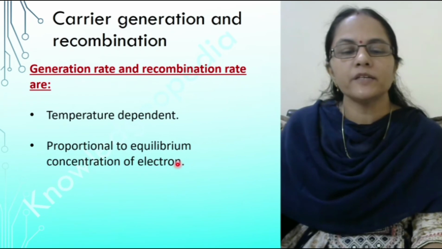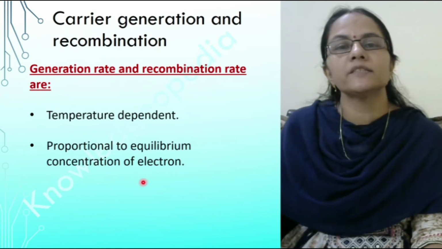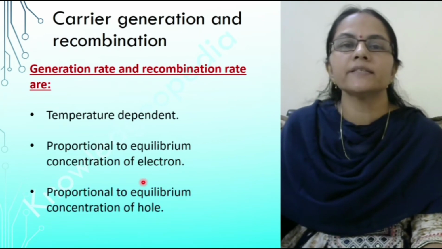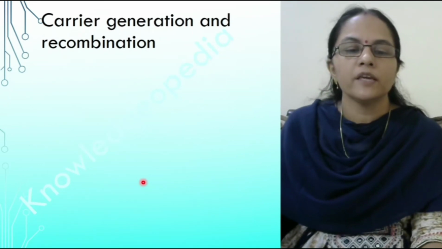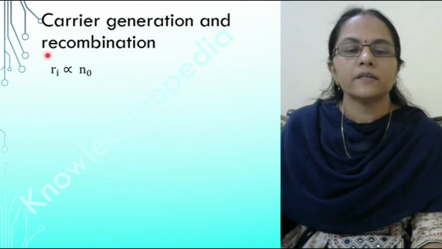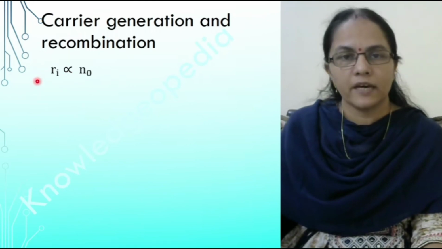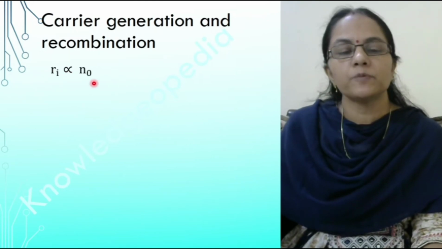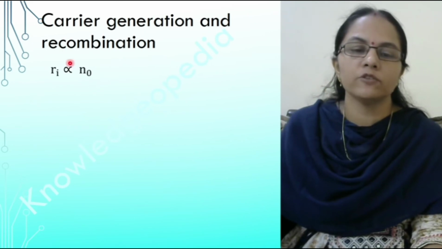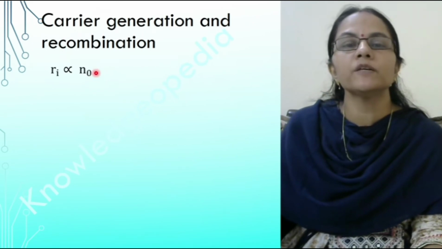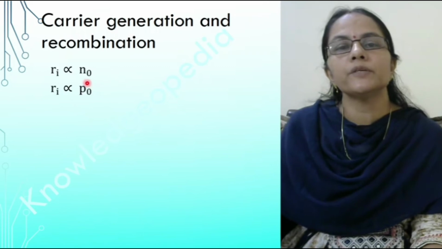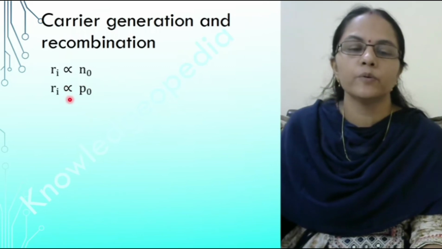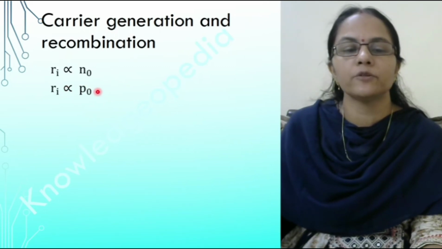They are proportional to the equilibrium concentration of electrons as well as to the equilibrium concentration of holes. If I take the recombination rate as Ri, then this is proportional to n0. What is n0 over here? That is the equilibrium concentration of electrons. Similarly, Ri is also proportional to the equilibrium concentration of holes, denoted as p0.